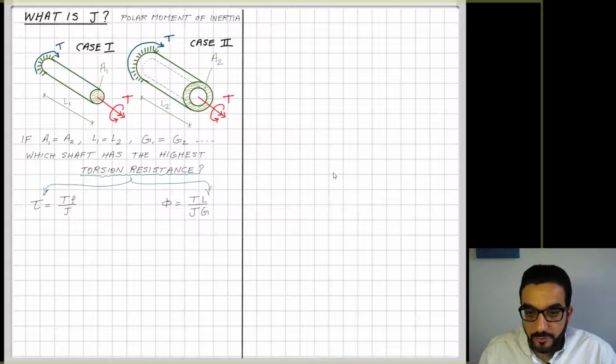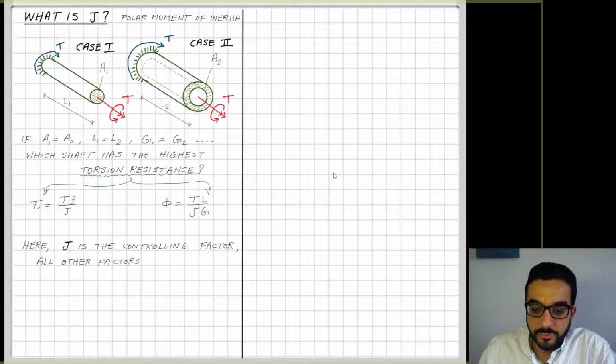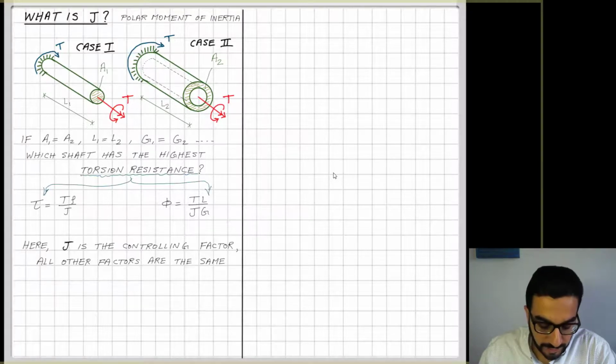If we put everything equal for both case 1 and case 2, you will find that J is really the controlling factor. For the same length, the same torque, the same material G, and the same cross-sectional area A, J will be the controlling factor, as all other factors are the same.